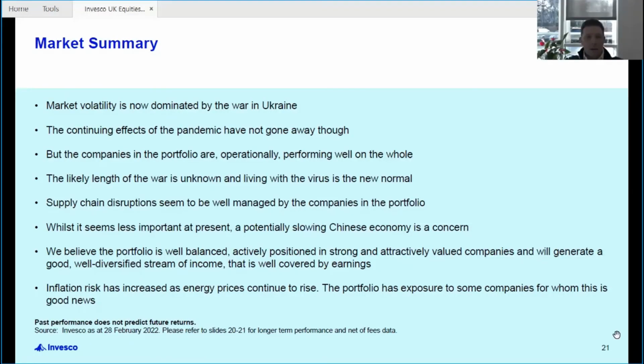So to summarise, clearly we've just lurched from one crisis with COVID right into another with the war in Ukraine, and that is now dominating headlines and causing extreme volatility in markets. However, the companies that we hold in the portfolio came through the COVID disruption operationally, on the whole, with flying colours.